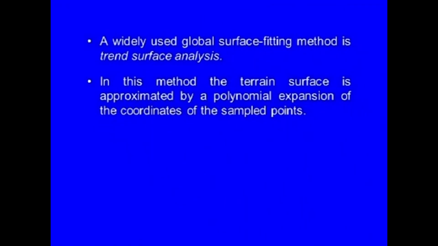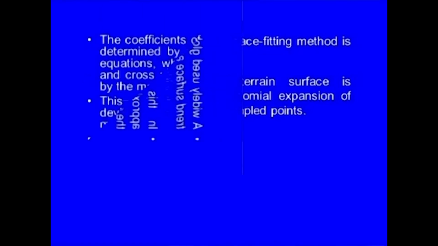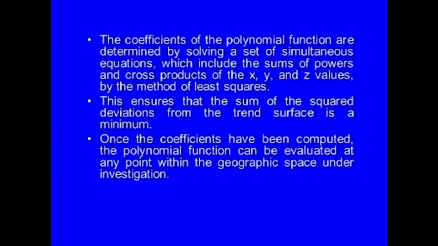A widely used global surface fitting method is trend surface analysis. In this method, the terrain surface is approximated by a polynomial expansion of the coordinates of the sampled points. The coefficients of the polynomial functions are determined by solving a set of simultaneous equations, which include the sum of the powers and the cross products of x, y and z values by the method of least squares.